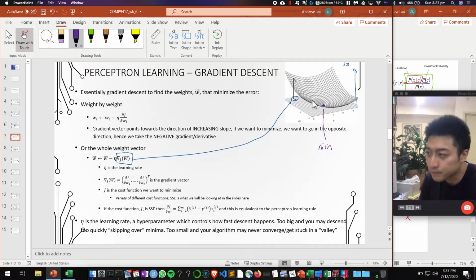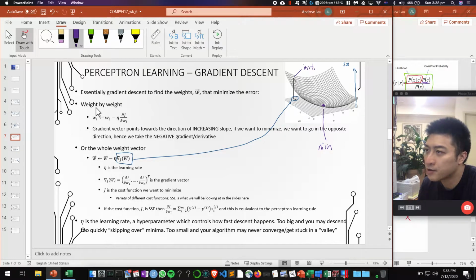Gradient descent tries, let's say this is our initial guess of the weights, to find the direction and step in the direction of steepest descent. We'll talk about how to calculate it, but for the time being let's say we know which direction is steepest descent, and we take a step that way, and we keep doing this and hopefully land on the global minimum.